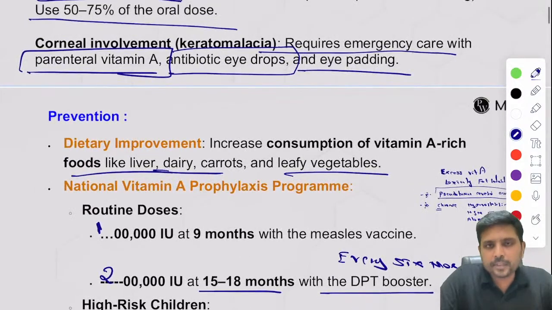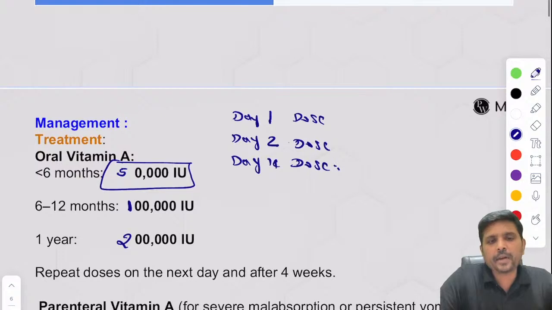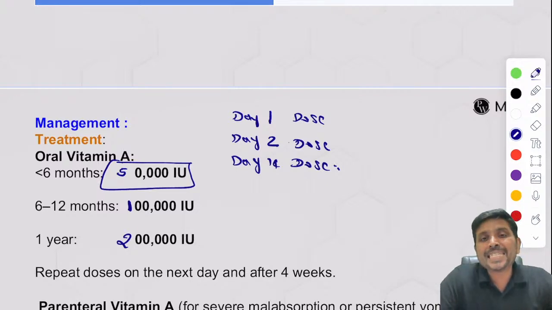So what are all the things that you need to know with respect to vitamin A? Also, in biochemistry you will be asked some questions with respect to the visual cycle, rhodopsin, dark adaptation and light adaptation.